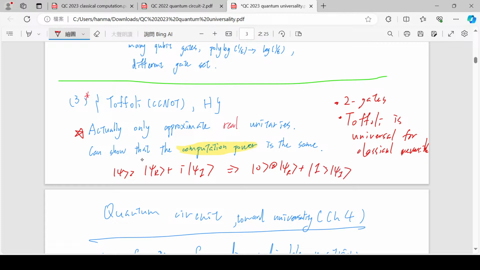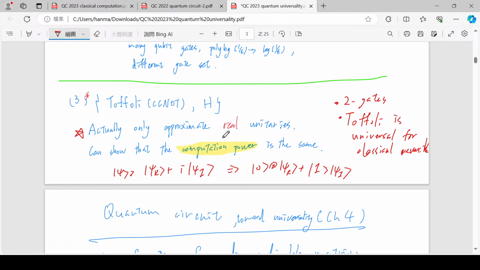Okay. So you can map a complex psi to some real psi and do every computation on those real psi with those real unitaries. And so at the end, when you do measurement and see some probability distribution, you can infer that to the probability distribution for your complex computation. Okay.